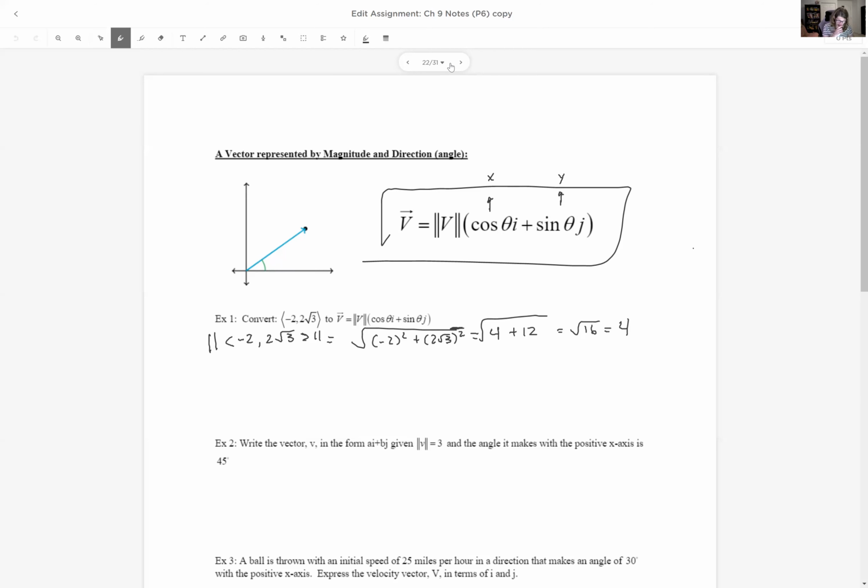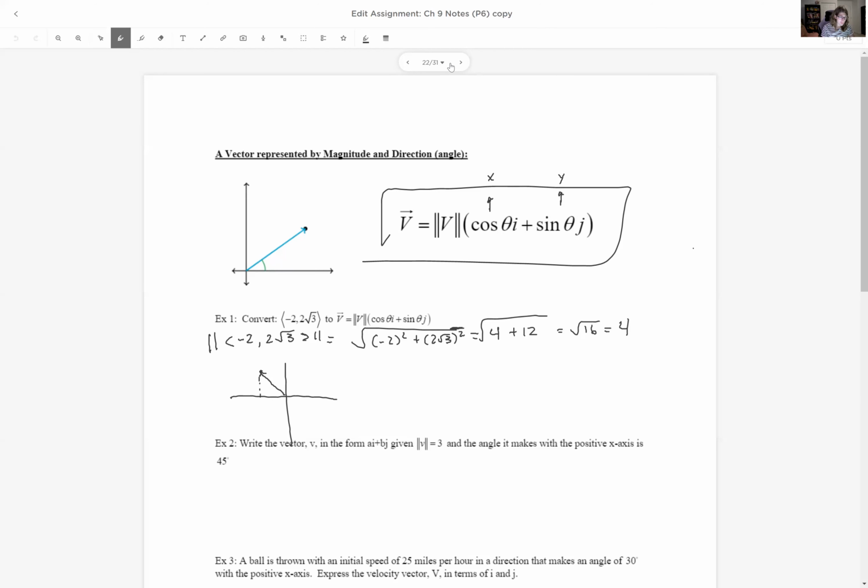Now we just need our angle. How are we going to find our angle? Well, let's think about where this vector is pointing. Negative 2, 2 root 3 is over here.